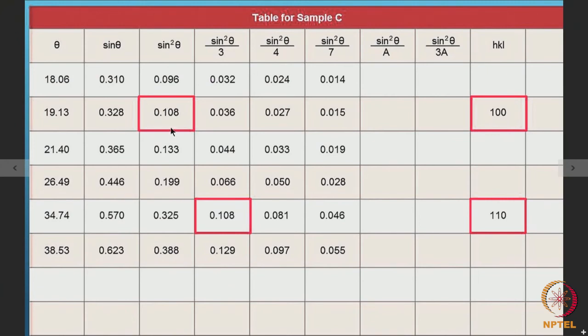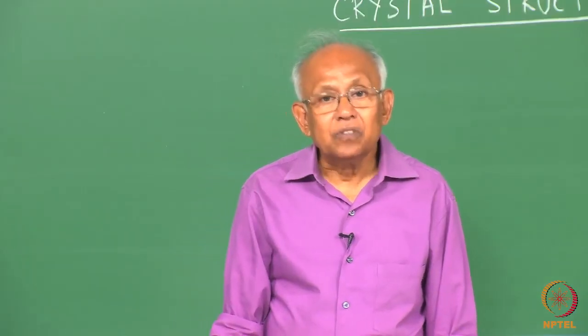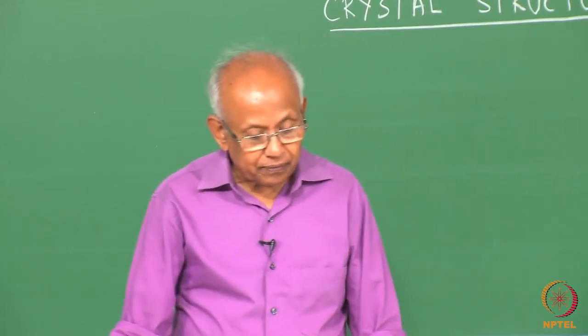So, what does that indicate? It indicates that the line pair 2, 2 and the line pair 5, 5 could be hk0 type lines.